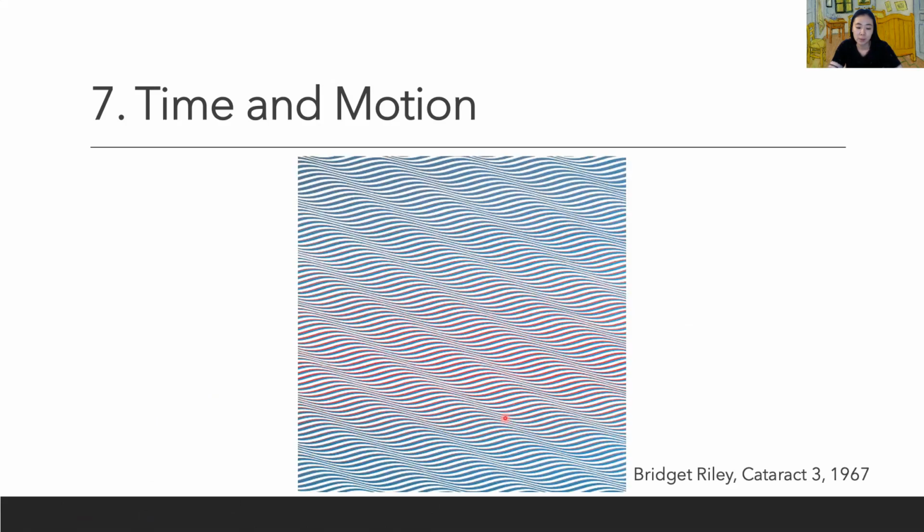So there is a noticeable sense of movement when we look at Cataracts 3, this work of art. When you focus on a single point in the center of this work, it appears there is a vibrating motion. This optical illusion grows out of the natural psychological movement of the human eye.